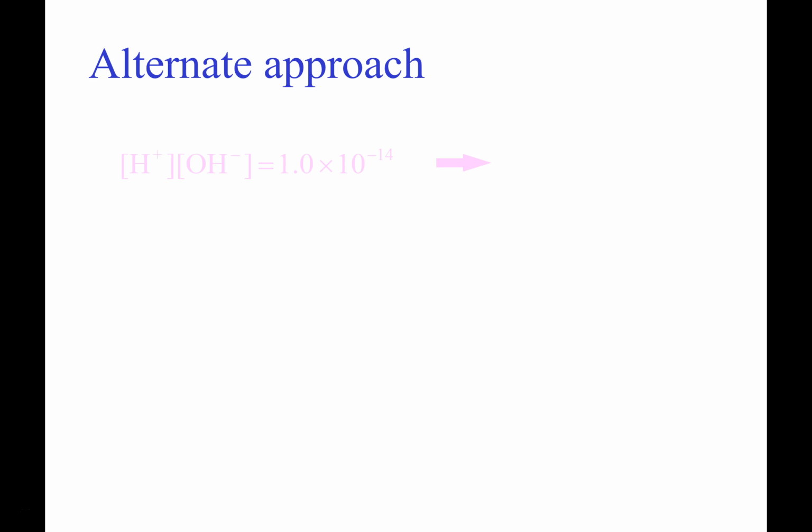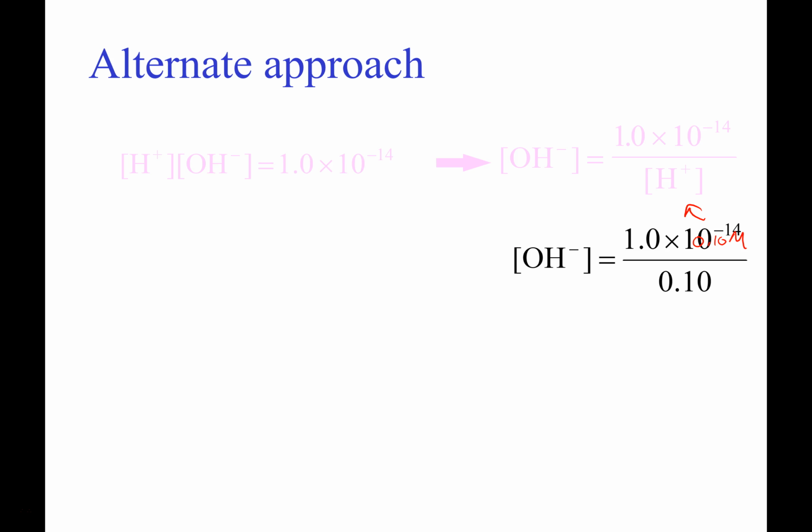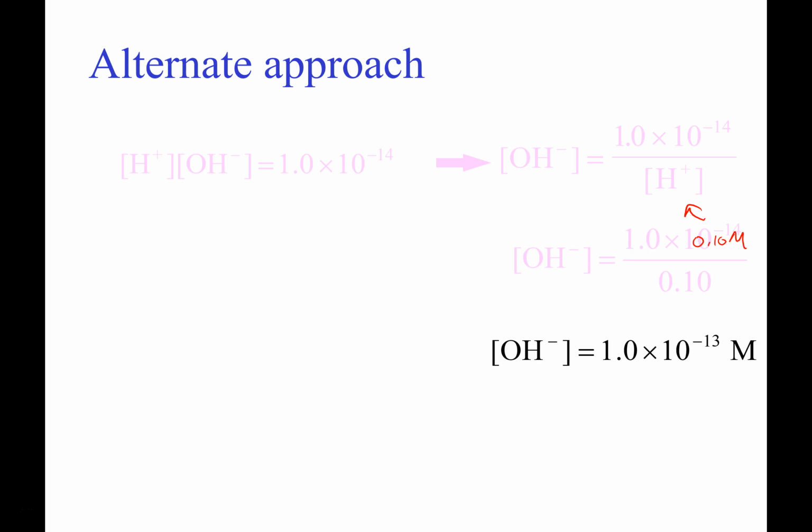So rearranging it, your hydroxide ion is equal to 1.0 times 10 to the minus 14 divided by your hydrogen ion, which was given, that 0.10. We're working the same problem. We should be able to do this in our head, but if you work that out, you're going to come up with 1.0 times 10 to the minus 13.